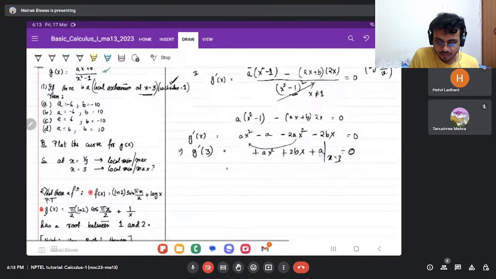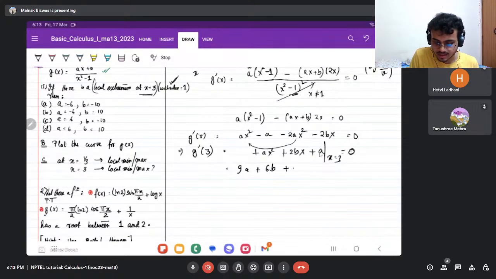You will have 9a plus 6b plus a equal to 0. This is one equation that we have. So this turns out to be 10a plus 6b equal to 0. This is equation 1 for us. Similarly, let's do the second equation. The other equation will be g of 3 is equal to 1, right?